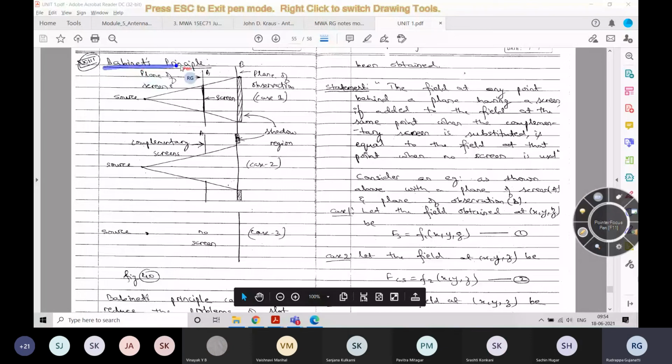Babinet's principle is basically used to identify the field due to a complementary antenna, when we know the field due to the opposite antenna, that is, the complementary of that antenna. Here we consider a source and an observation plane, and in front of this we have a screen.